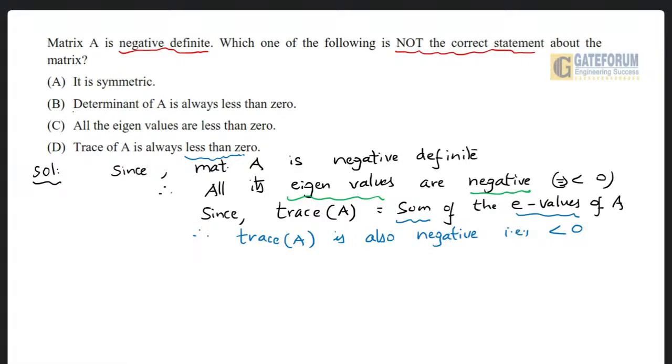Now, let us check B: determinant of A is always less than 0 or not. I can write that mod A, that is determinant A, need not be negative.